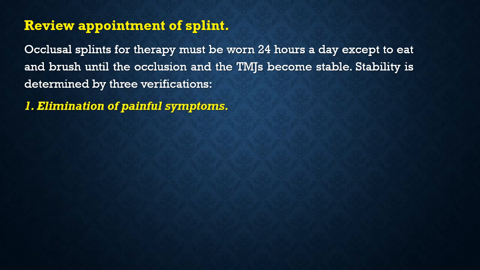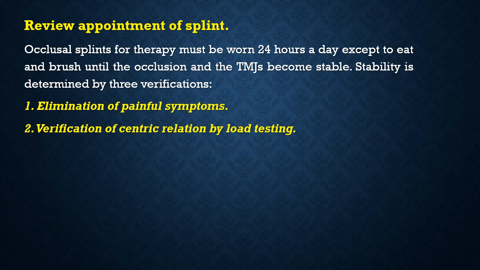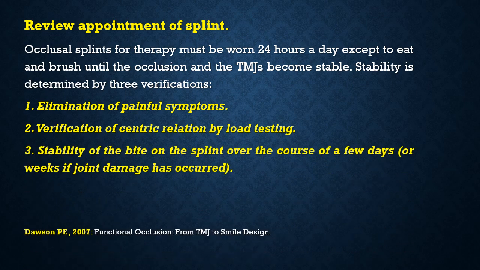First, elimination of painful symptoms, and second, verification of centric relation by load testing. That means you guide the mandible into centric relation with gentle pressure. The patient should feel no pain and be comfortable. And third, stability of the bite on the splint over the course of a few days or weeks if joint damage has occurred.